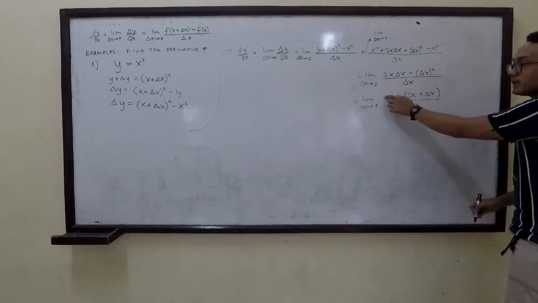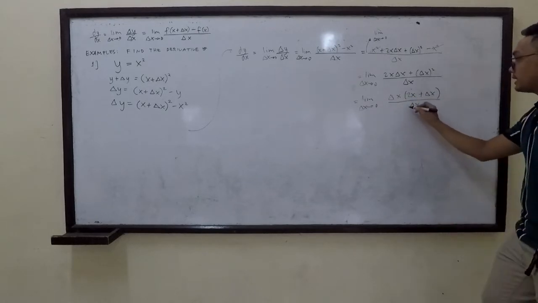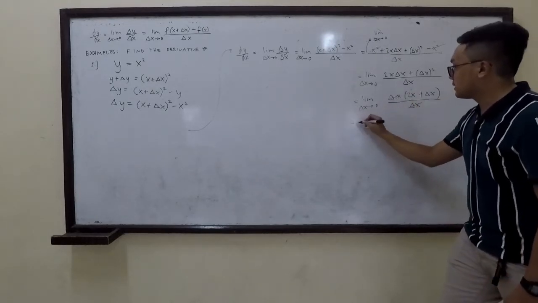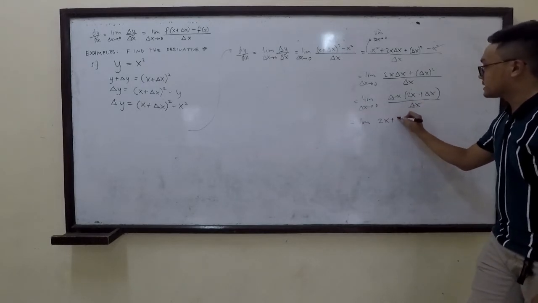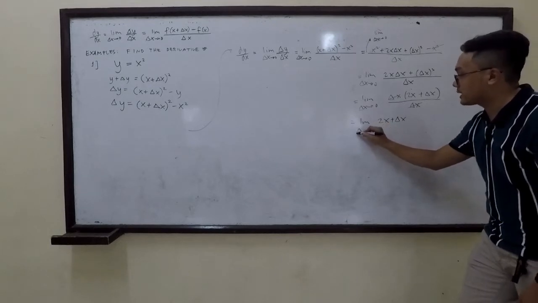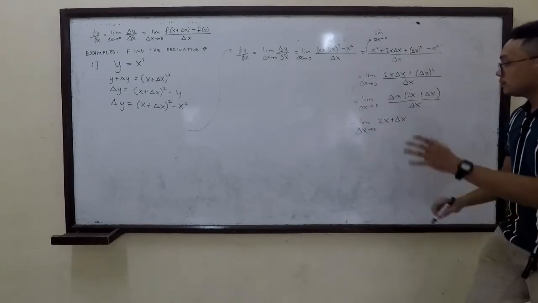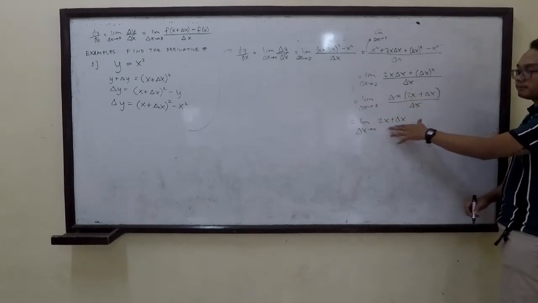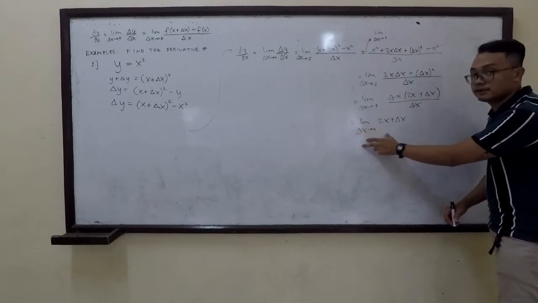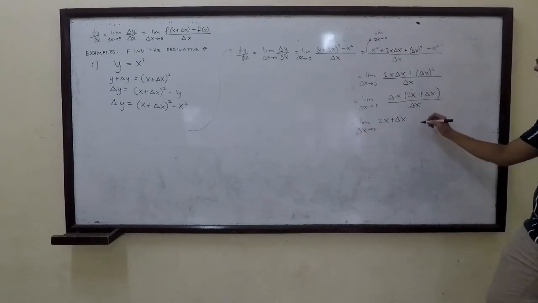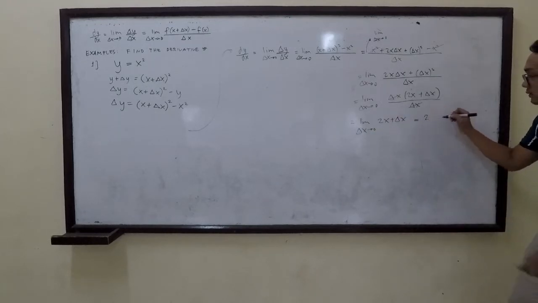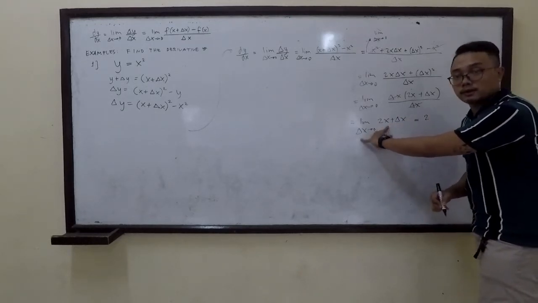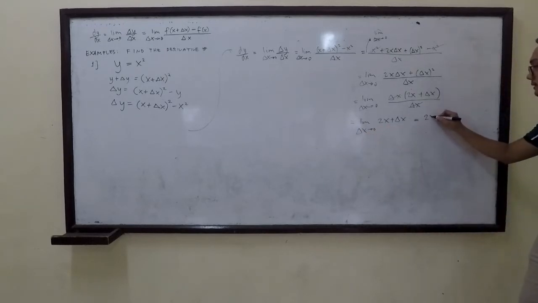Then delta x divided by delta x cancel out. So what remains is the limit of 2x plus delta x as delta x approaches 0. In this case, we can now substitute the value of delta x using this limit. 2x is not delta x, so it stays.